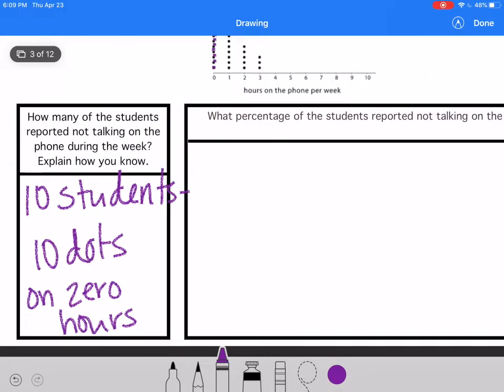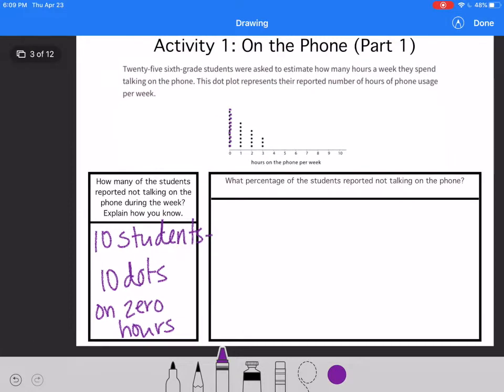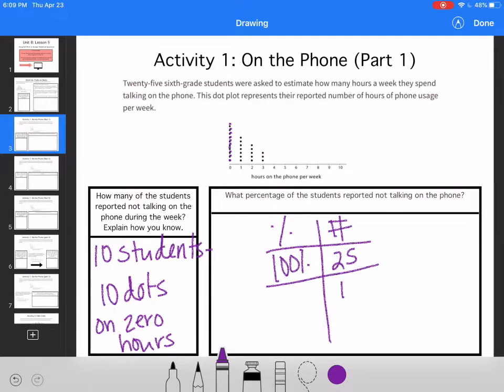Okay, then it says, what percentage of the students reported not talking on the phone? Well, we're looking at 25 students. So that's percent and numbers. We know that 100% is 25 students. If I want to figure out what one student is, I'm going to divide by 25.